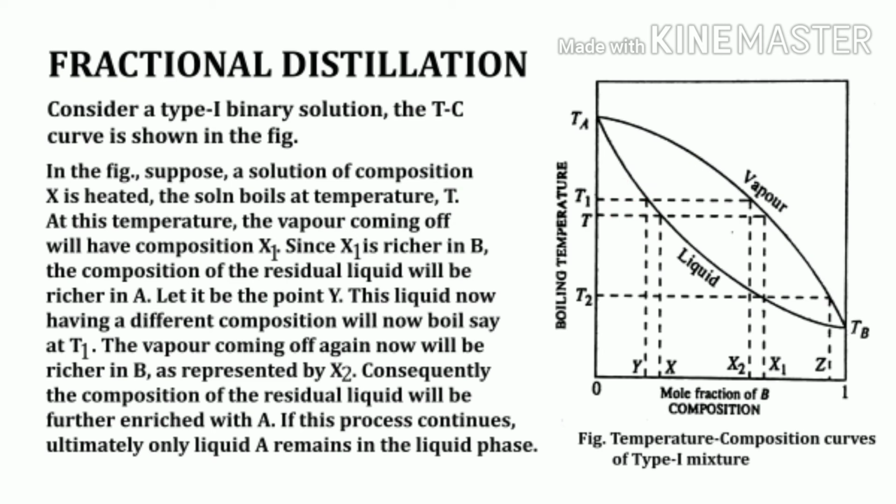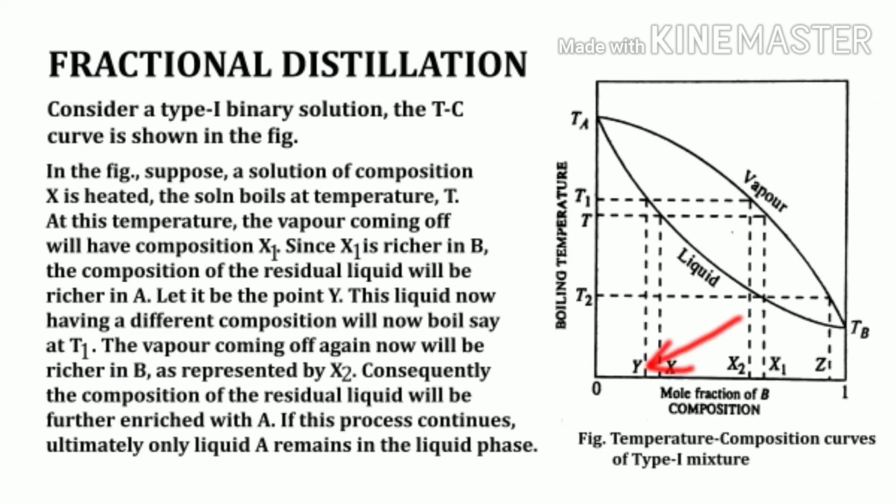At this temperature, the vapors coming off will have composition X1, this point. Since X1 is richer in B, because on this side the mole fraction of B is higher, therefore the composition of the residual liquid will be richer in A. Let it be point Y.